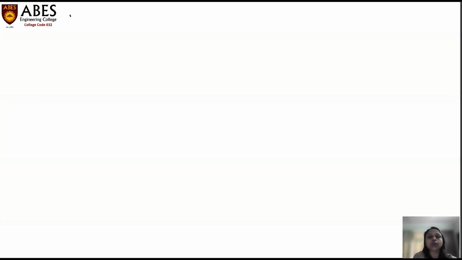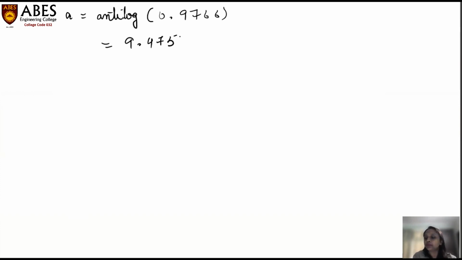So small a will take the value antilog of capital A, that is 0.9766. On taking the antilog of this, we will get the value as 9.4754. And small b is capital B by log to the base 10 e.